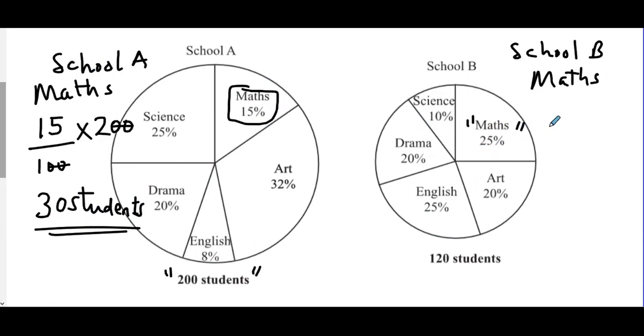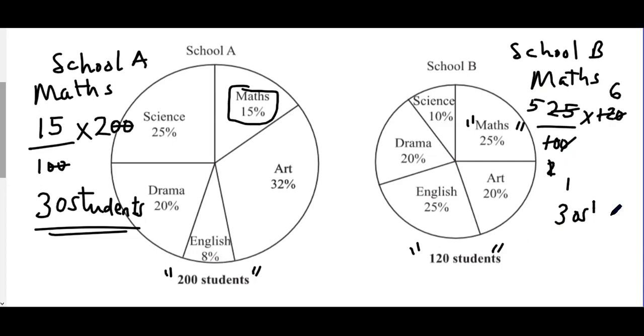So you're going to take 25%, and that will be multiplied by the total number of students, which is 120, and then go ahead simplifying this. This 0 and that 0, by 5, this is 5, by 5, this is 2, by 2, that is 1, by 2, that is 6. Can you see that I'm also getting 5 times 6? Now 5 times 6 will be equal to 30 students.